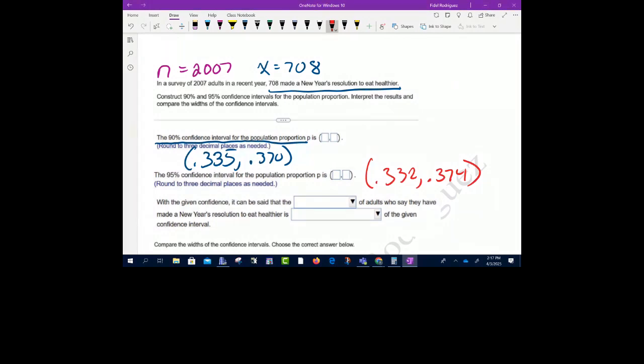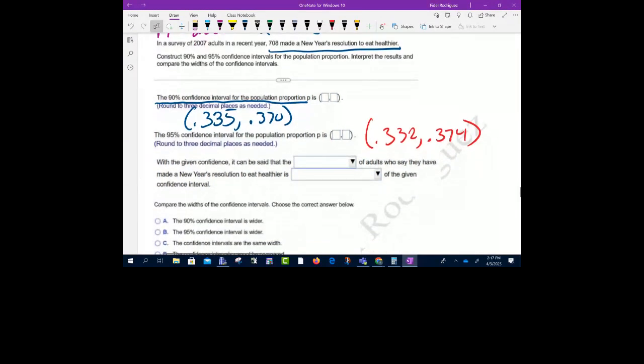Well, let's actually look at this next part. It says, within the given confidence, it can be said, and there's going to be a little drop-down menu here. What are we talking about?